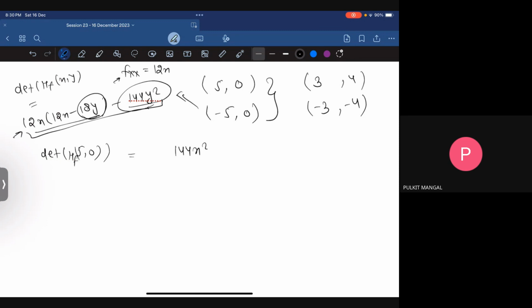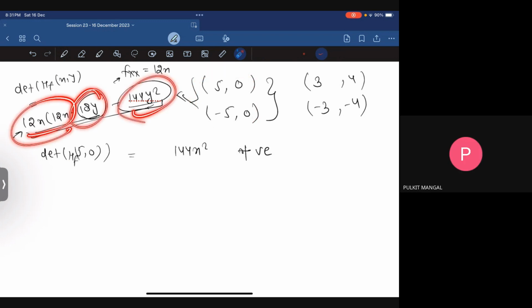So the determinant for these two options will be 144x square. Whether x is 5 or negative 5, the determinant would be the same and positive, because this term would be 0 and 144x square is always positive.